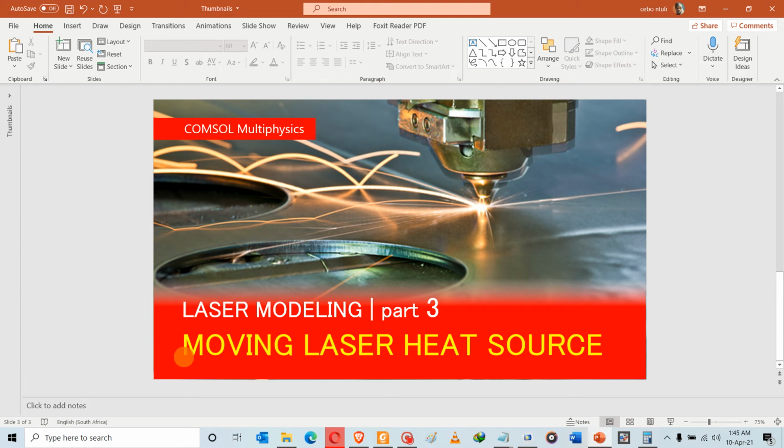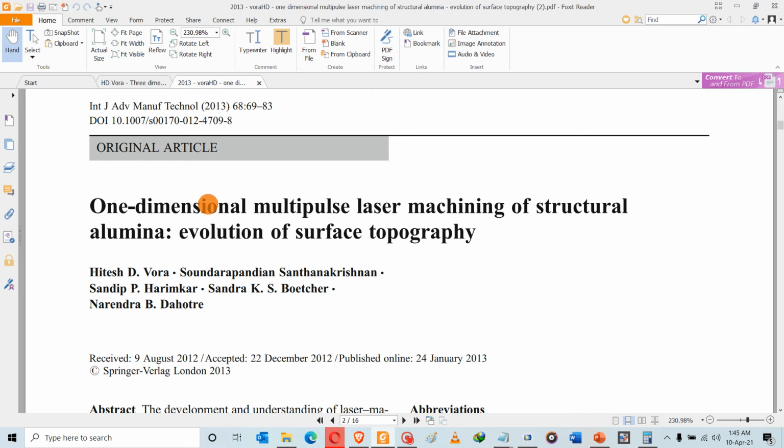The work that we are going to be doing is based on the one-dimensional multipulse laser machining of structural alumina: evolution of surface topography.